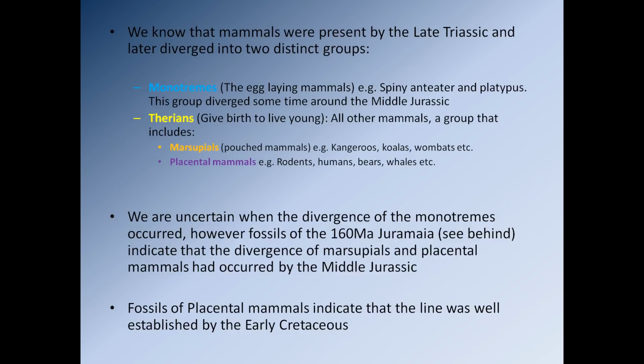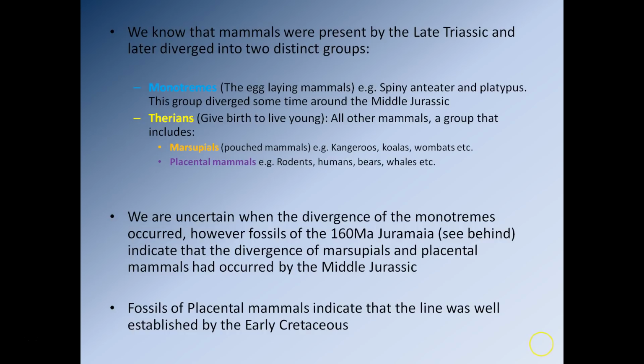So we know that mammals were present by the late Triassic, and they diverged into two distinct groups. The first group is the monotremes. So that's a group of egg-laying mammals, and that includes animals like the spiny anteater and the platypus. And this group diverged sometime around the Middle Jurassic. So they went off along their own branch sometime around the Middle Jurassic.